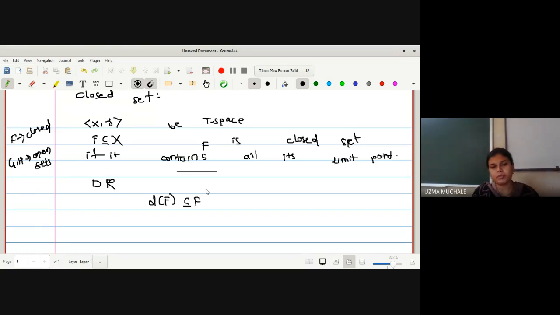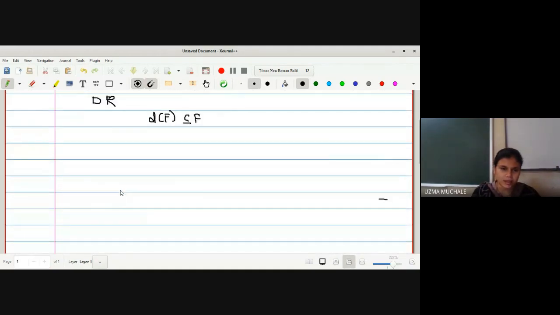By the definition of a limit point, for all open sets G containing that point X, the intersection of G and E minus X must be non-empty, or we can say the intersection of G and E must contain at least one point other than X. So here we have to verify the condition that the derived set of F is contained in F.